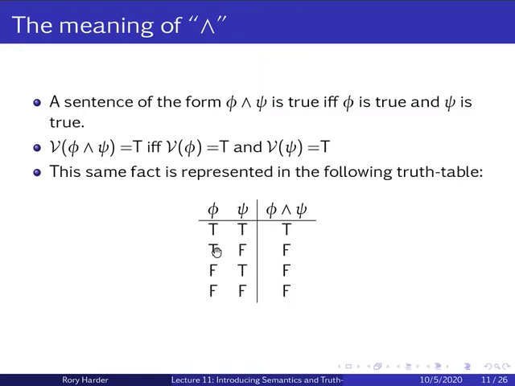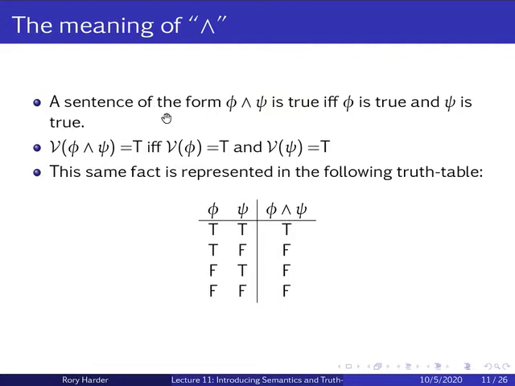We can have that phi is true and psi is false. We can have that phi is false and psi is true, and we can have that both of them are false. And now, for each of these combinations of truth values of the conjuncts, the right-hand side of the truth table tells us what the truth value of the entire conjunction is in that case.